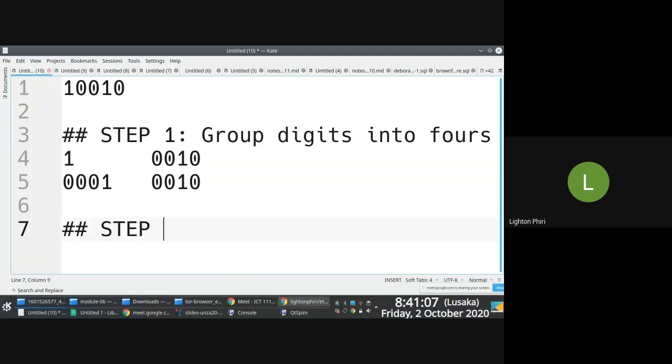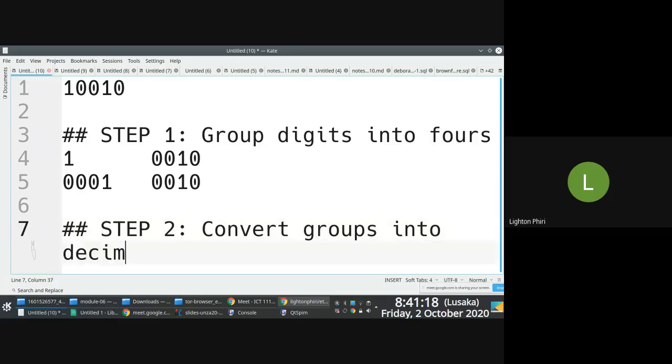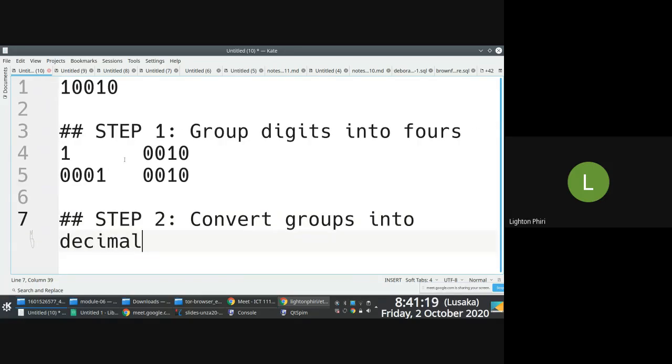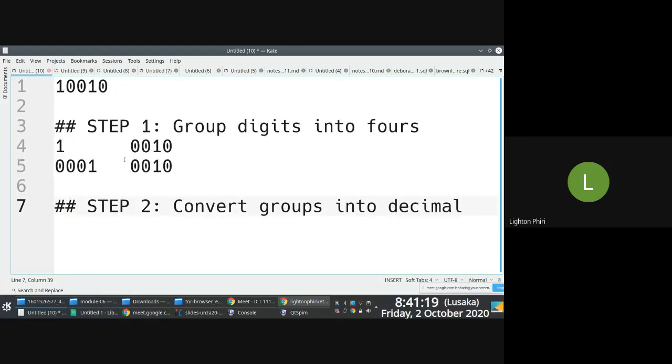Step 3, convert groups into decimal. So we're saying this needs to be converted into decimal. And converting this into decimal is easy because we went through the process. How do we convert these groups of 4s into decimal?